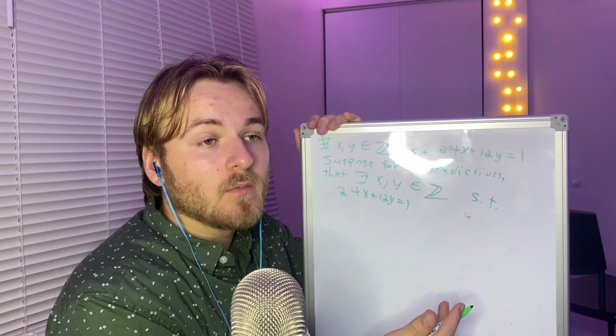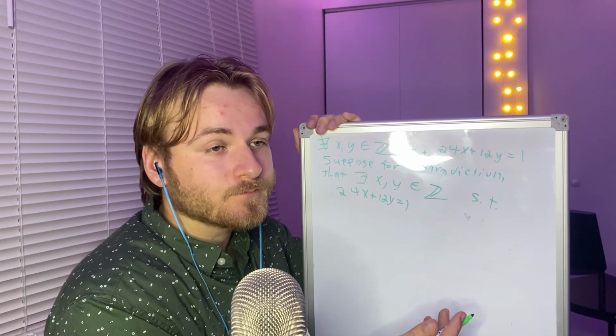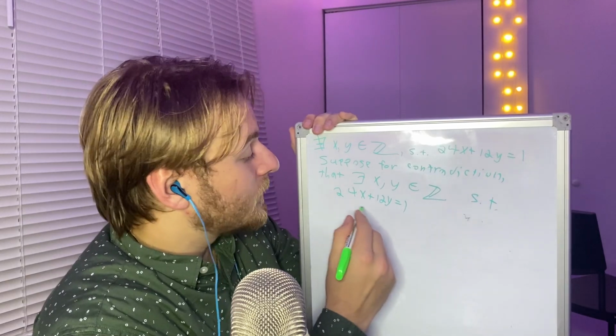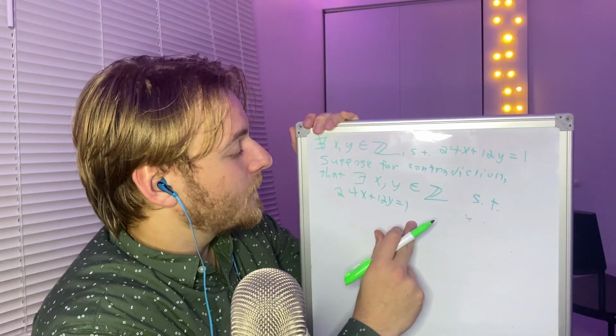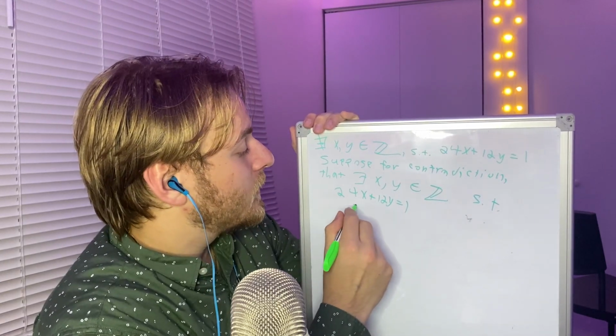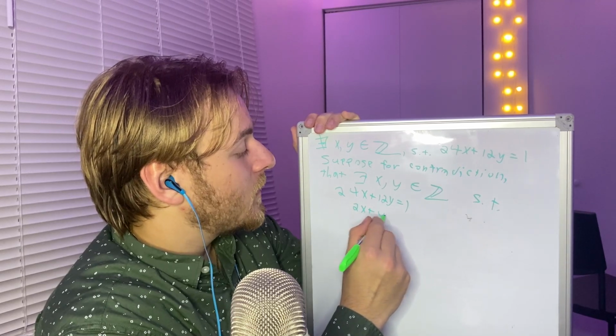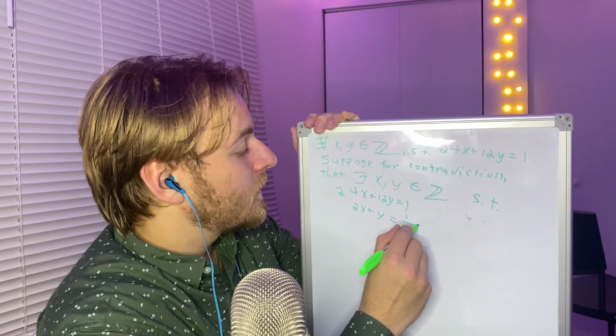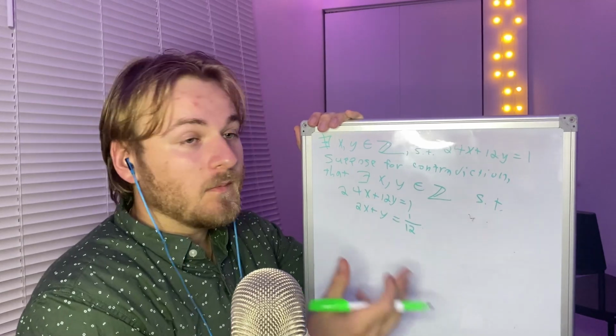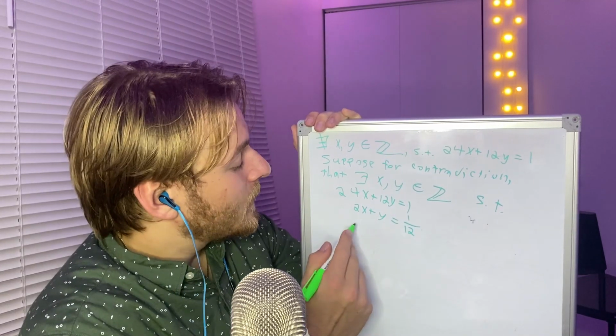So then what we can do is divide all terms here by 12. 2x plus y equals 1/12. And, well, there's our contradiction.